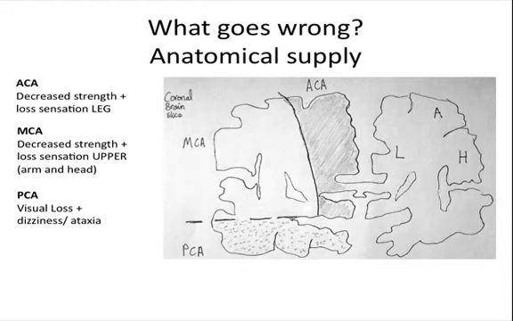So, this is going to require remembering the homunculus and also that previous slide on the blood supply. So, let's say you have a patient who comes in with some decreased strength and loss of sensation in their leg.